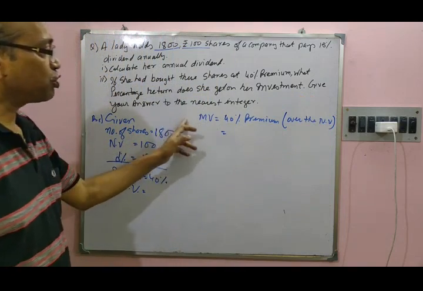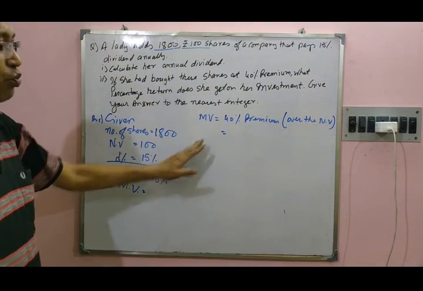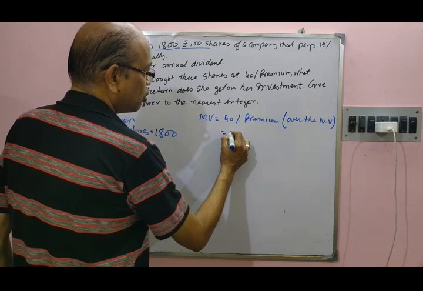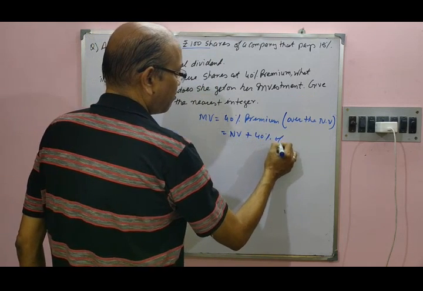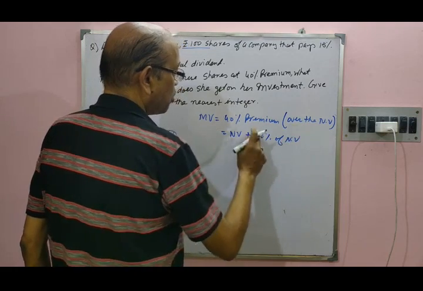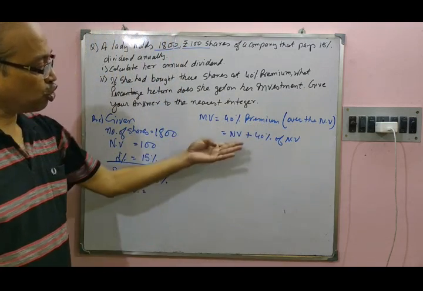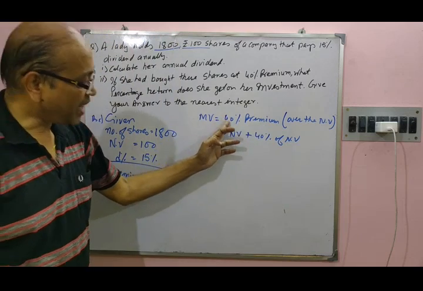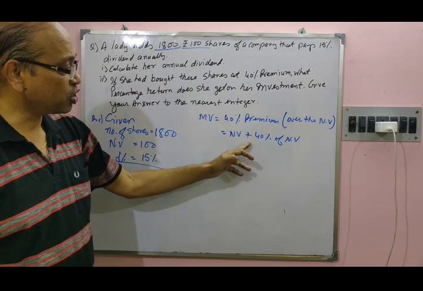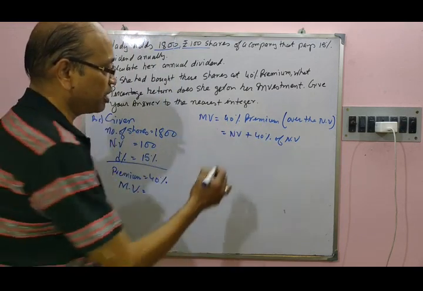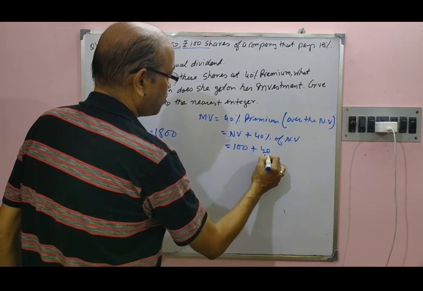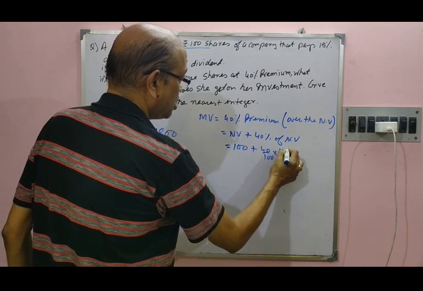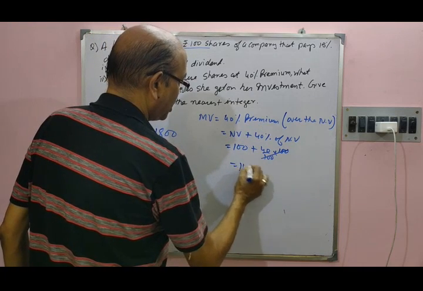So how much will it be? The market value will be nominal value plus 40% of nominal value. Premium means more, so nominal value will be there plus, since it is premium, 40% of nominal value. The nominal value was 100 and 40% of nominal value is 40, so 140.